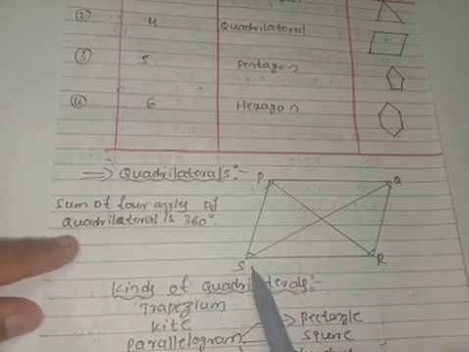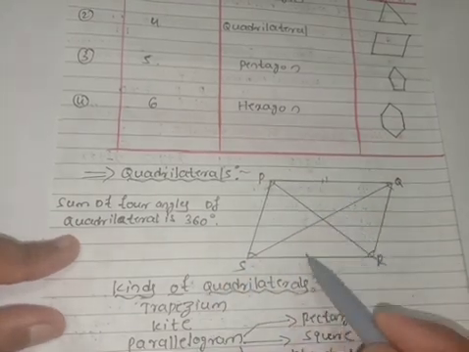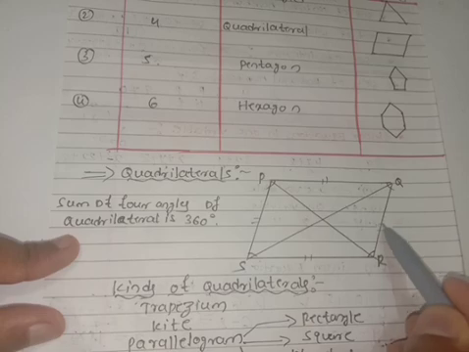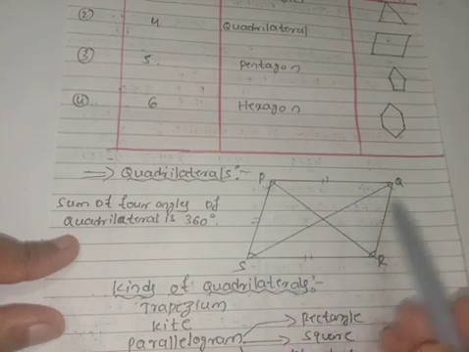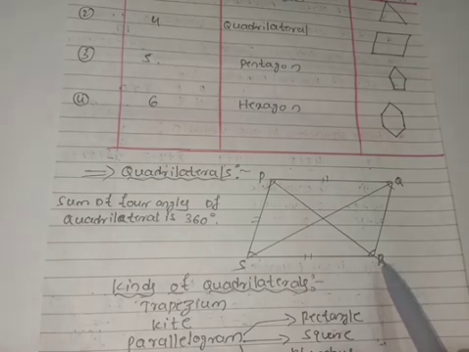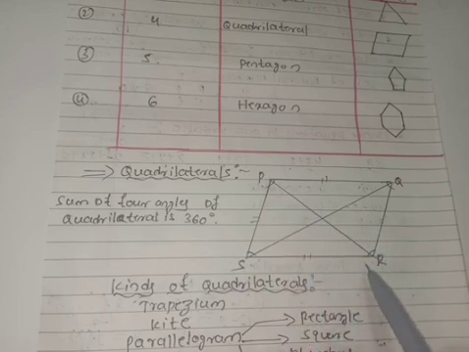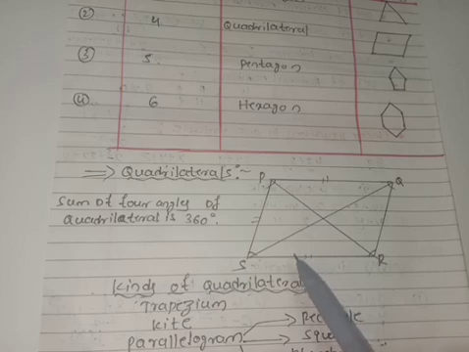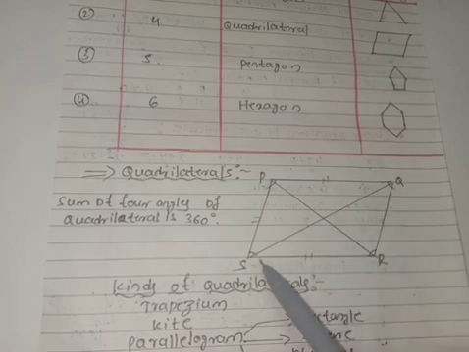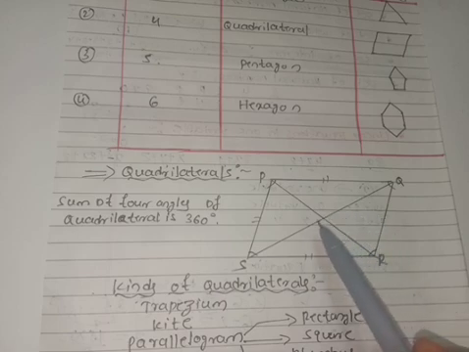P, Q, R, S, and 2 opposite sides are equal. Means PQ is equal to SR and PS is equal to QR. And angle P is equal to angle R and angle Q is equal to angle S, with the two diagonals PR and SQ.